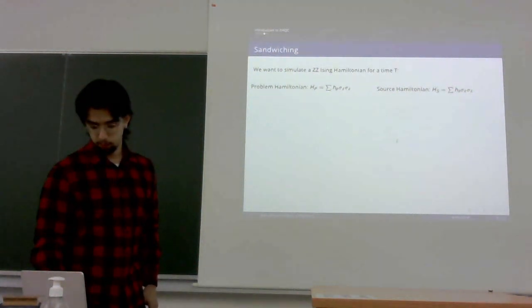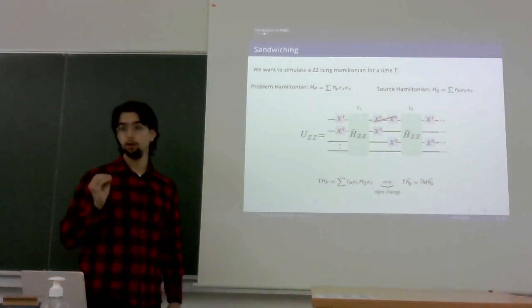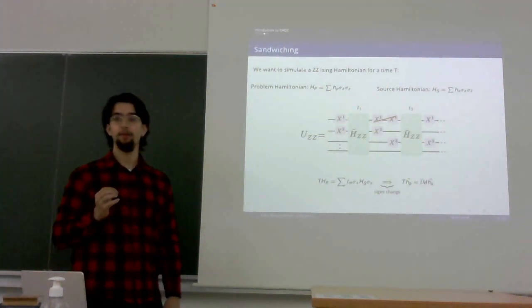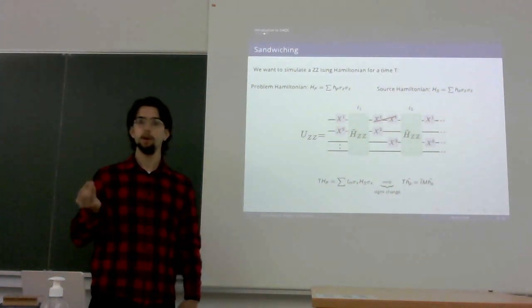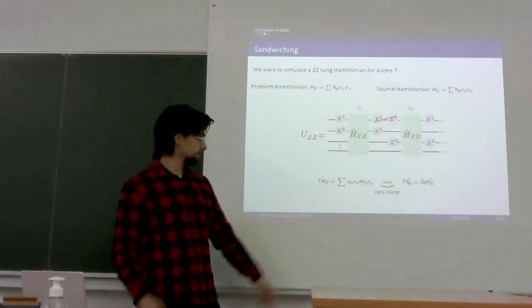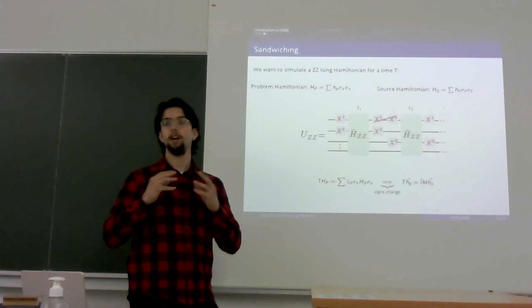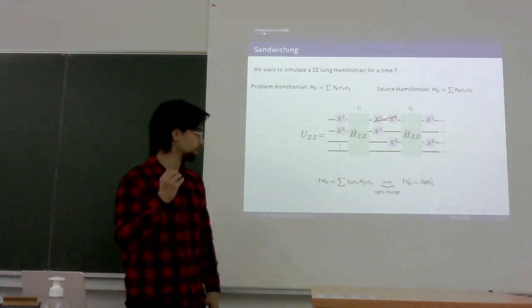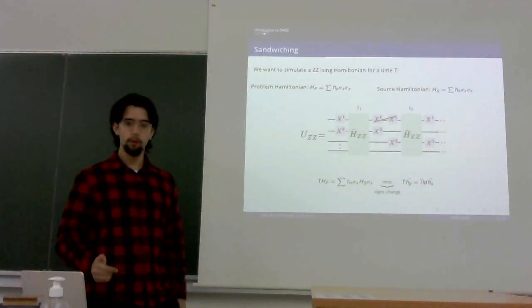By implementing what we call a sandwiching structure, this is using single qubit rotations between the implementation of our source Hamiltonian, we can effectively change the signs of our couplings, and by doing this structure over a circuit, we get the following equation that we can solve for the different times. Now here, M is going to represent a matrix of the sign changes. This is a matrix that is going to be composed of ones and minus ones, depending on whether the rotations that we are implementing in our block are changing the sign of our coupling.